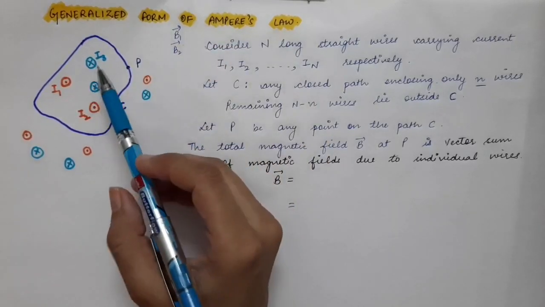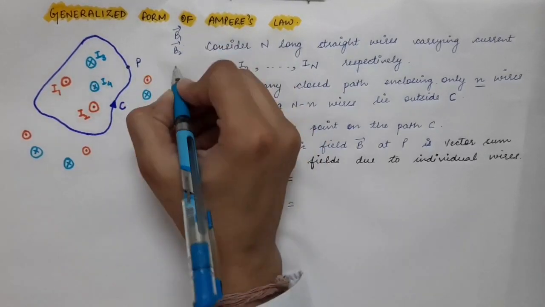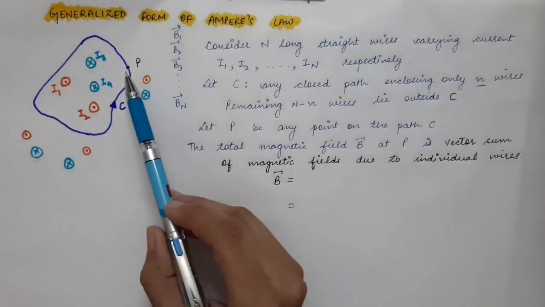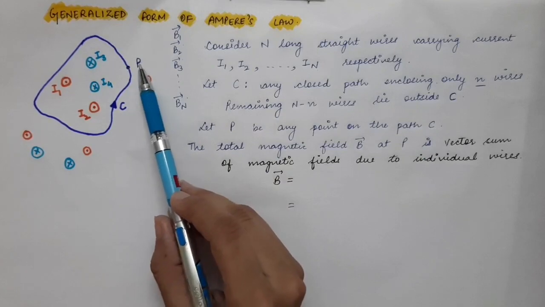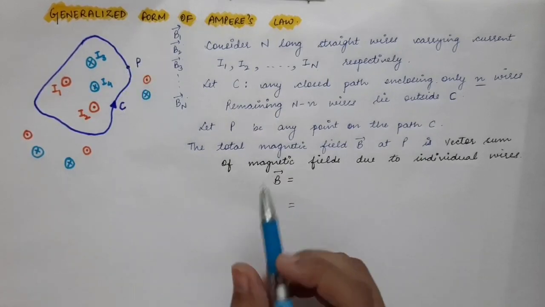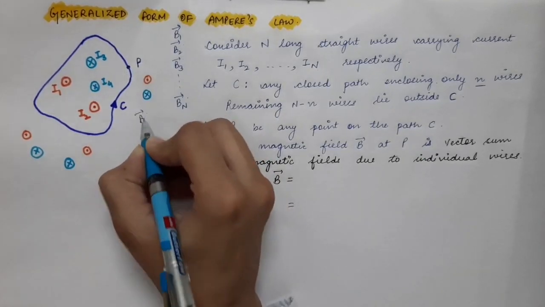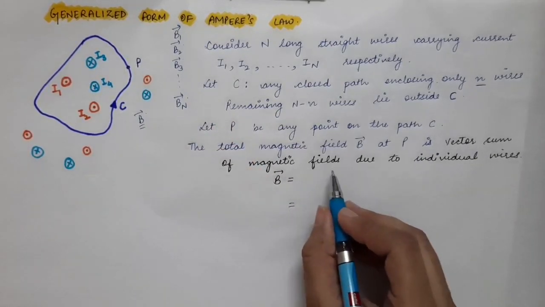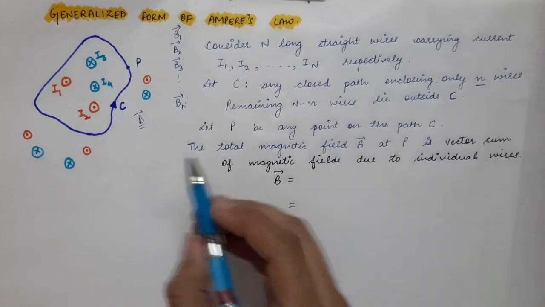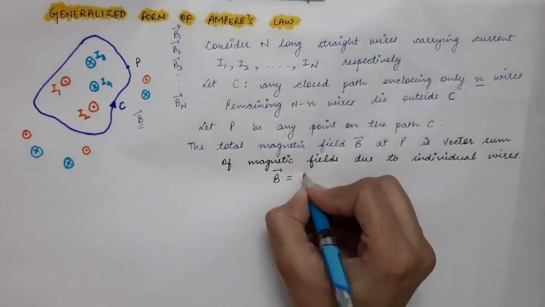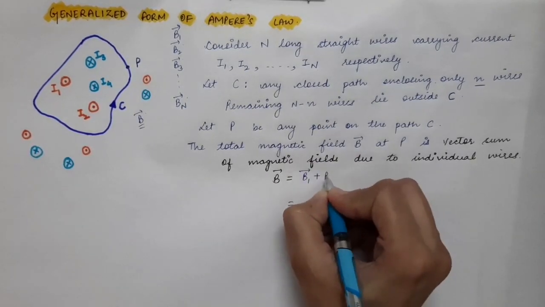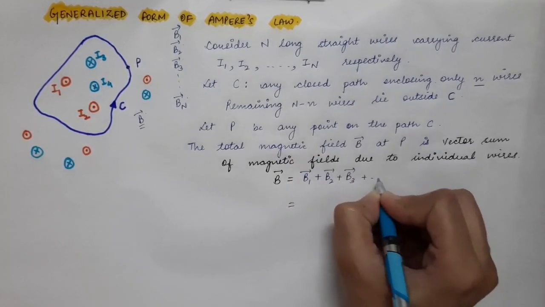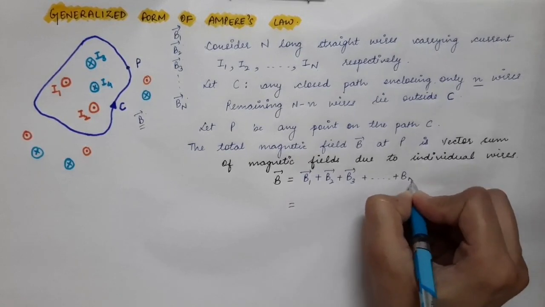The magnetic field due to the third wire is B3 vector at the same observation point, and similarly. So the net magnetic field will be B vector, which is just the vector sum of the magnetic fields due to individual wires. So B vector will be B1 vector plus B2 vector plus B3 vector, and so on up to Bn vector.